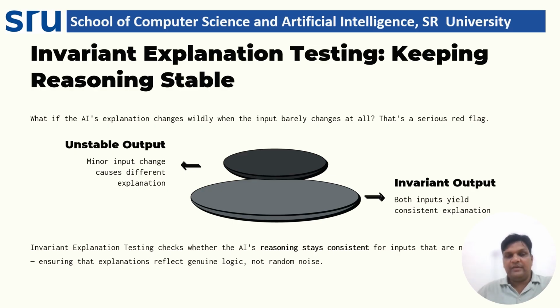Invariant explanation testing checks whether the AI's reasoning stays consistent for similar inputs. In other words, what if the explanation itself is unstable? If a small input change causes big explanation changes, that's a red flag.